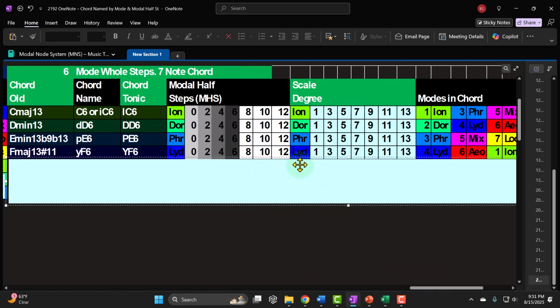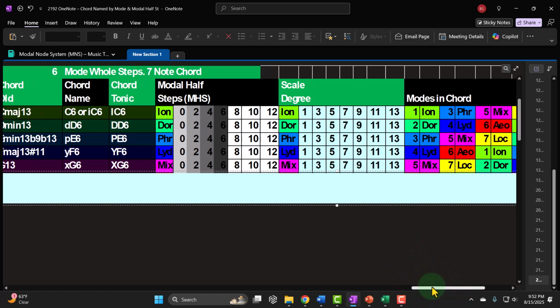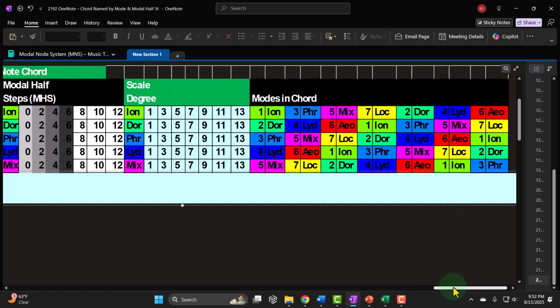And then we can say the next one is a G13. So that's going to be a Mixolydian, I'd call it a Mixolydian 6 or Mixolydian G6 or 7-note Mixolydian chord. The 6 represents the distance from the node to get to the last note, which is 6 modal whole steps up. 6 times 2 would be 12 modal half steps up, plus 1 would give us the off by 1 scale degree of 13, which is equivalent to 6 from a scale degree standpoint in essence.